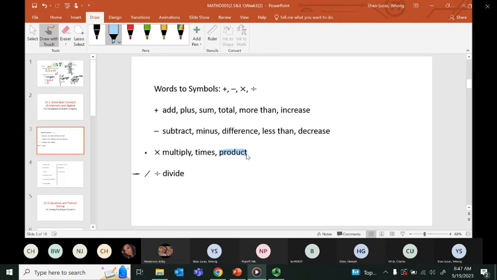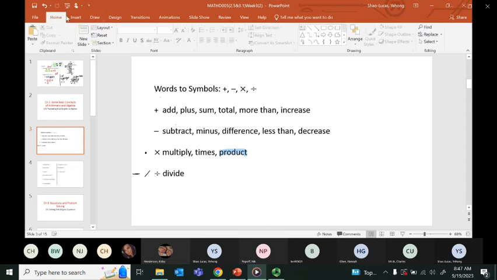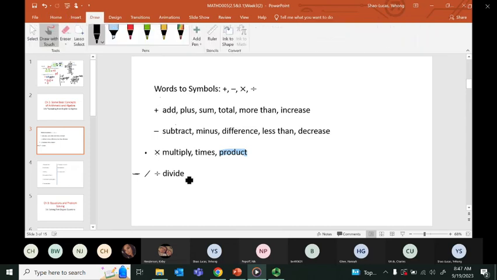Next is division. We have something similar called quotient. If we say find the quotient of two numbers, we also do division. So I think these are the common words we use.